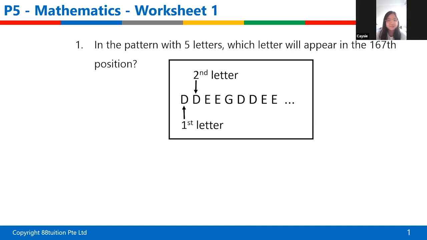Yeah. Okay. Because this is the pattern, we are able to project into very, very big numbers. Because now you have a very big number, 167. You are not going to start writing all the way until you reach 167, you will die. Correct? Your teacher will also die. So we know 1 and 6 is the same.